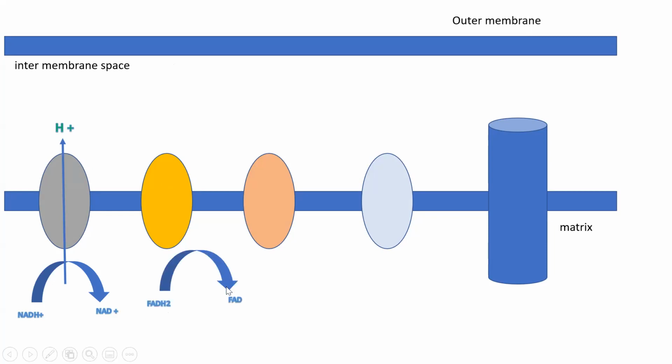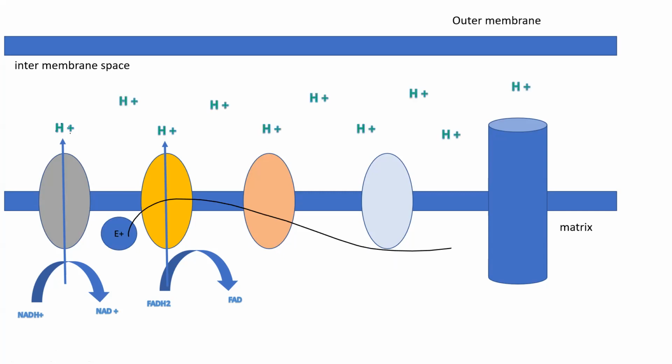FADH2 comes into complex 2, which is why FADH2 produces fewer ATP molecules. This is also going to pump hydrogens, and as these energy carriers continue to go through the complexes, they're going to continue that electron transport and produce all of those hydrogens in the intermembrane space.